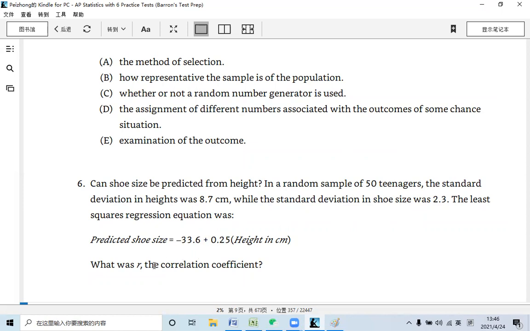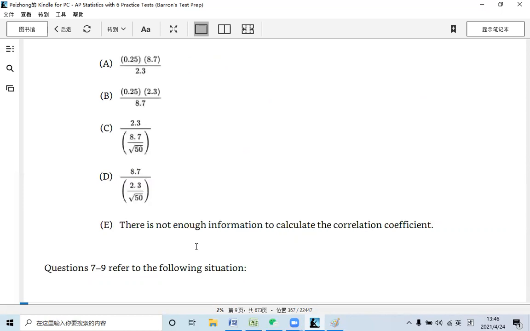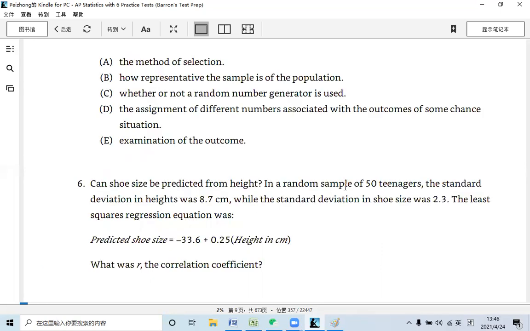What is the R value? Yeah, what would be the R value here? There's not enough information. Yeah, basically you have the A and B.